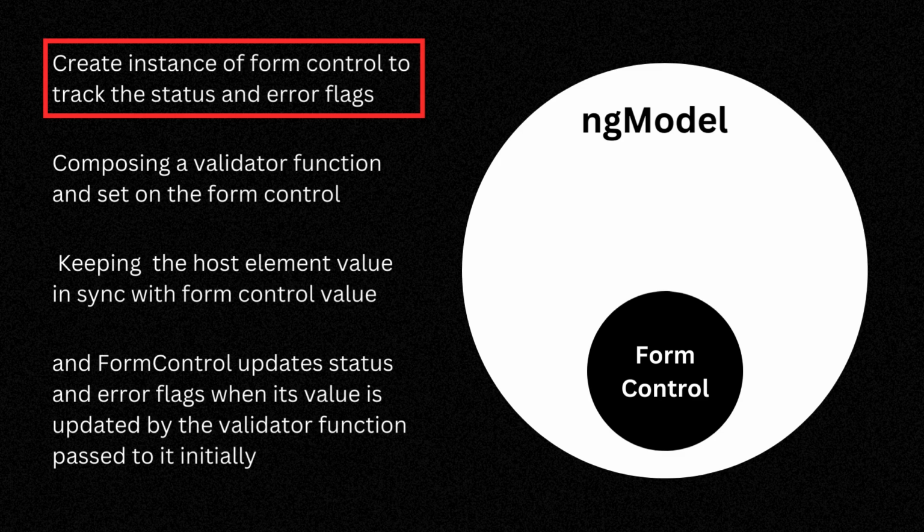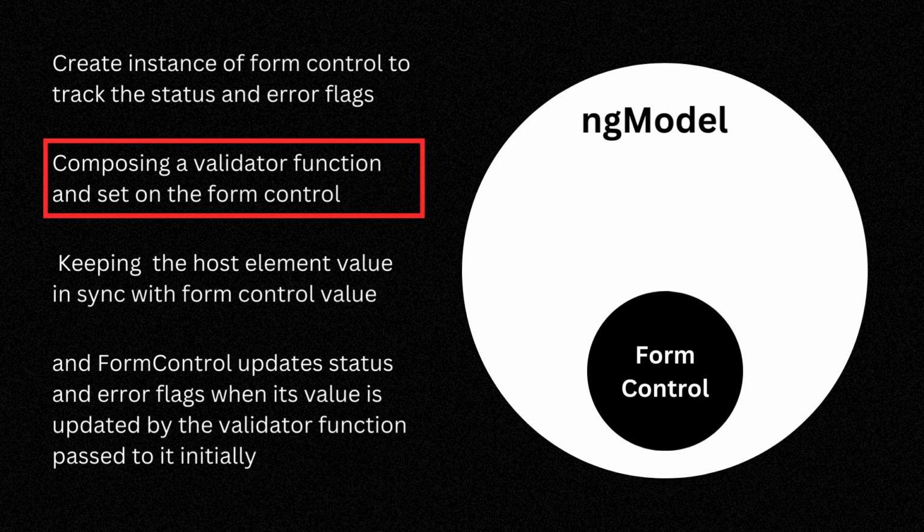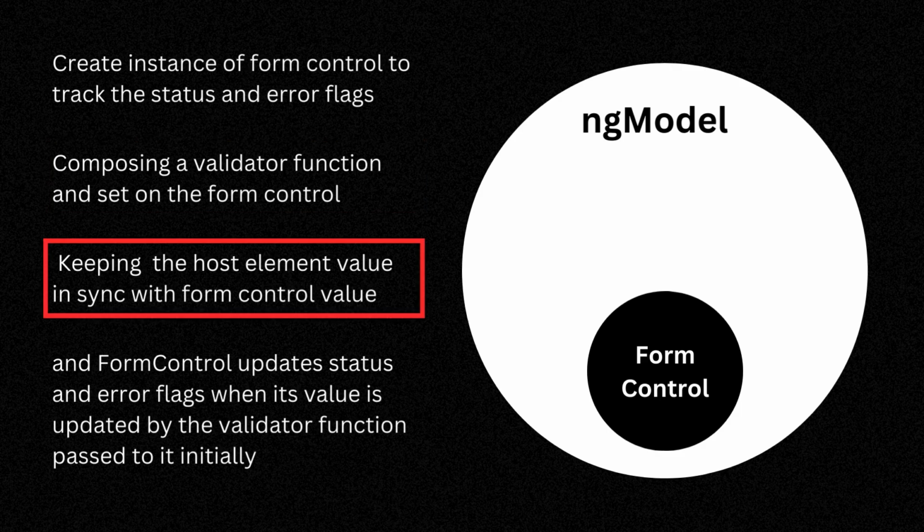So ng model will create an instance of form control to track the status and error flags, and the next thing it will compose a validator function and set it on the form control, and whenever there is a change in the value, it will always keep the form control in sync.